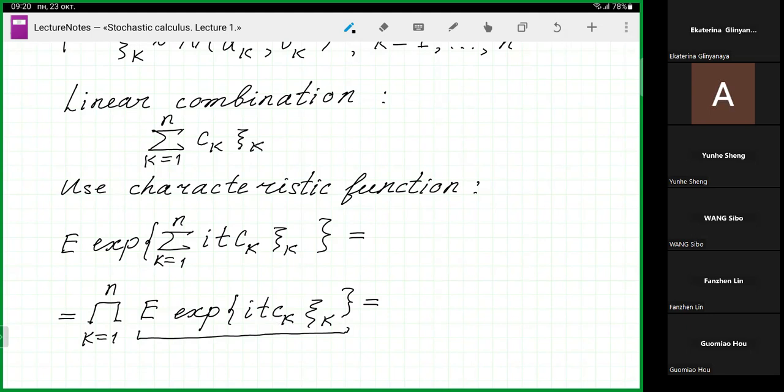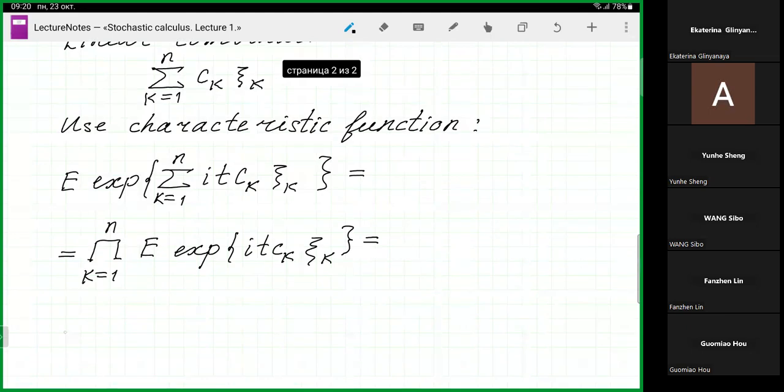So now let's apply the form of the characteristic function of the Gaussian random variable, and we will have the following.